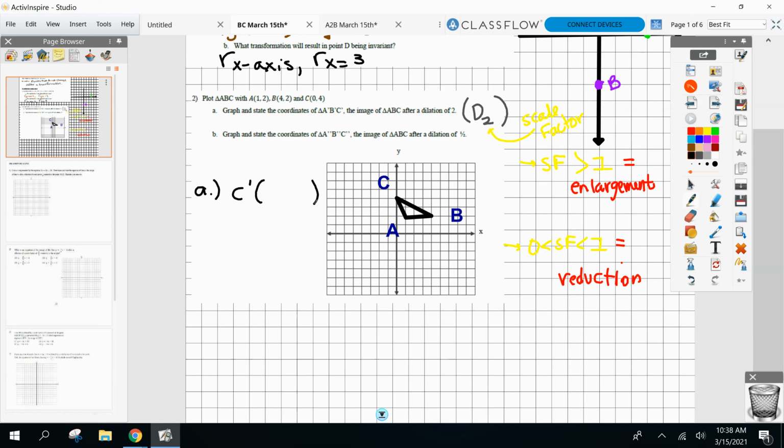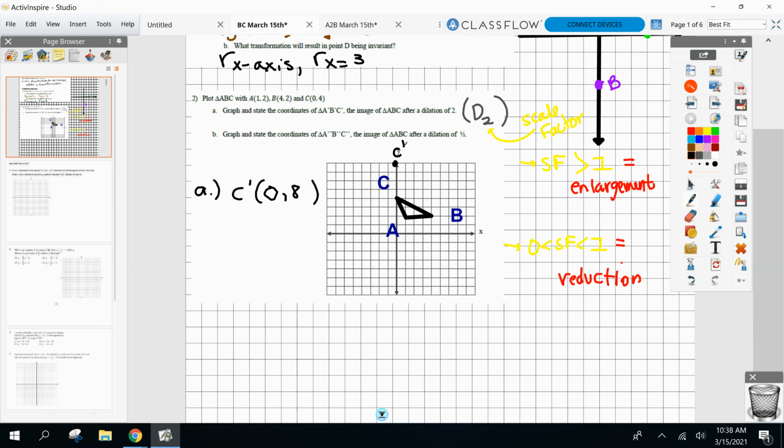What are my new points? 0, 8. Oh, the distance doubled, didn't it? So now 1, 2, 3, 4, 5, 6, 7, 8. Here is C prime. That is what happens when you dilate a point. It gets closer, or in this case, further away from the origin. So all the points are going to double their distance away from the origin.